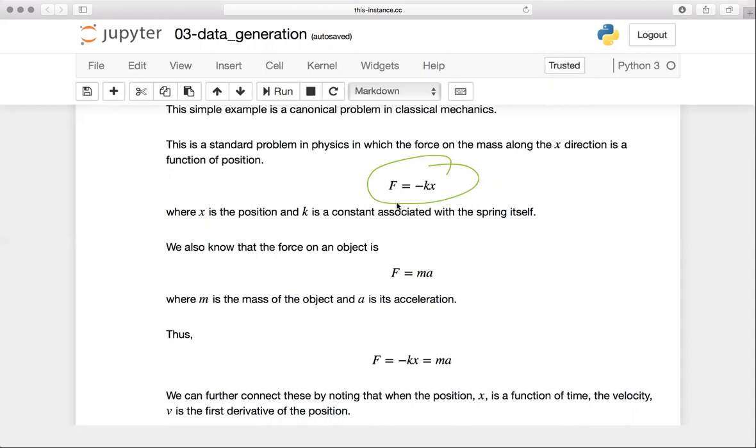Every spring has its own K, its own spring constant, but we're just going to go with some arbitrary K. Then the standard Newton's second law of physics is that the force is equal to the mass times the acceleration. So we can take these two and say that the force is the spring constant times the position, and that's going to be equal to the mass times the acceleration.